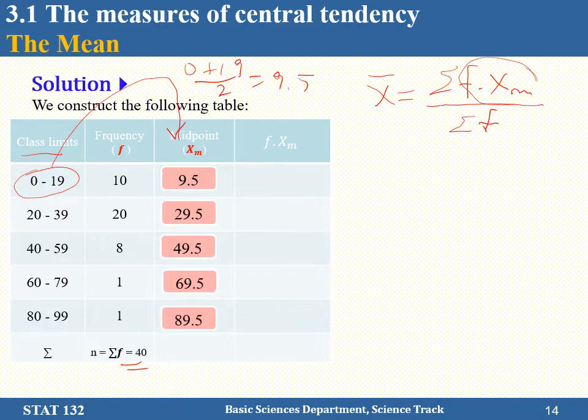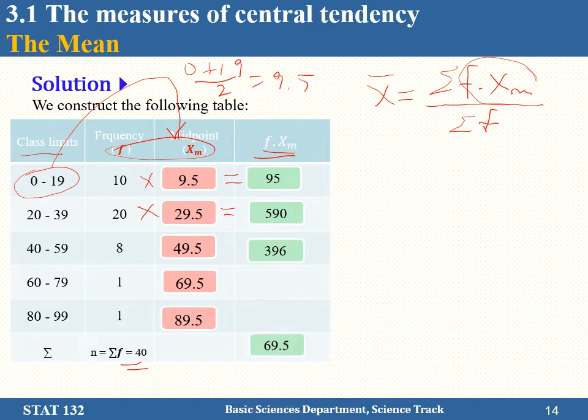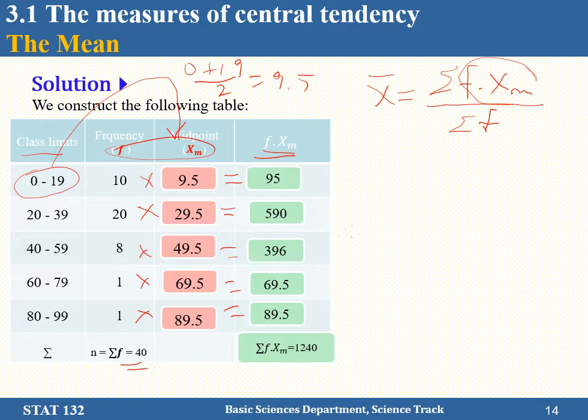And then we will calculate these products. We multiply these two and we get f times xm, and we do the same thing for each of them. So it's 95, 590, and then 396. Each time we multiply and we get this.